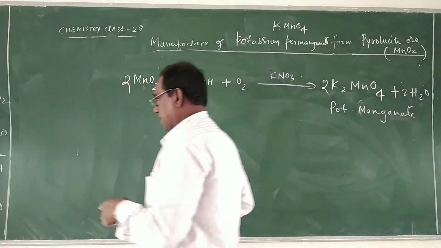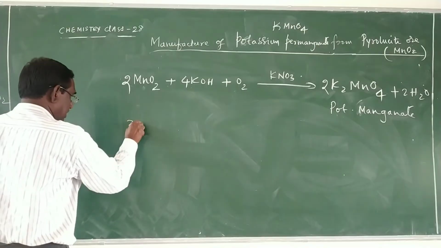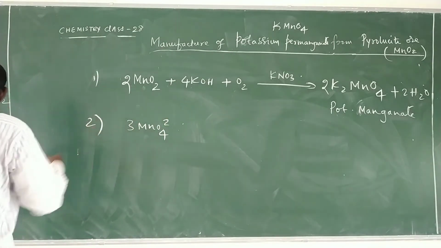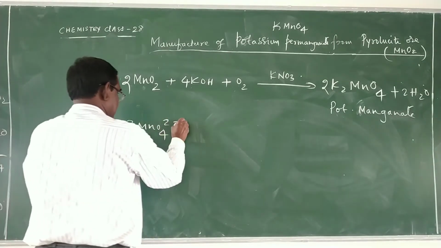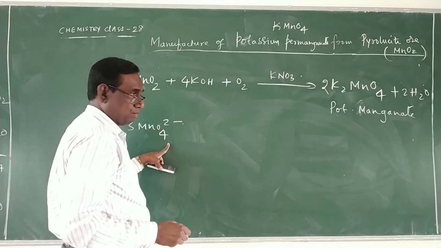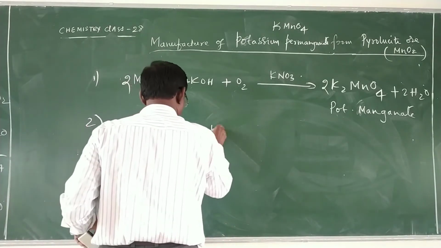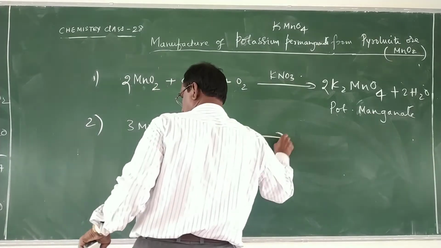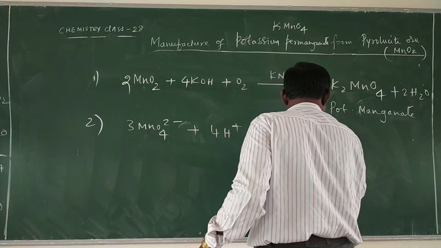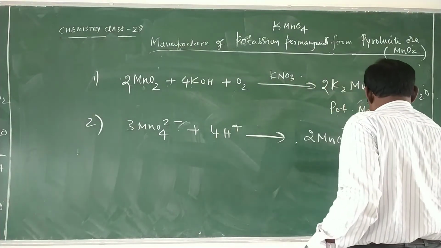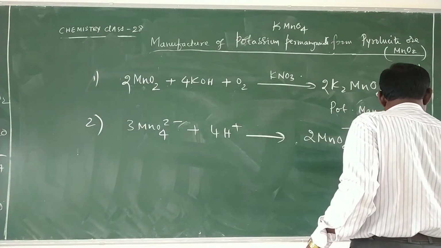This potassium manganate, in the second step: 3MnO4 2 minus, that is the manganate ion, plus 4H plus, acidification you have to have. You will be getting 2MnO4 minus plus MnO2 plus 2H2O.